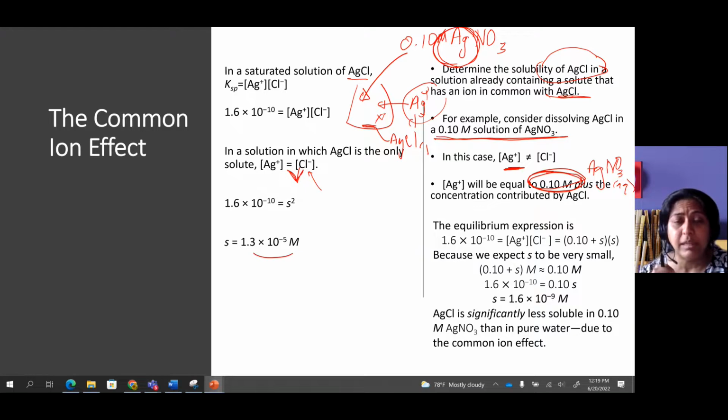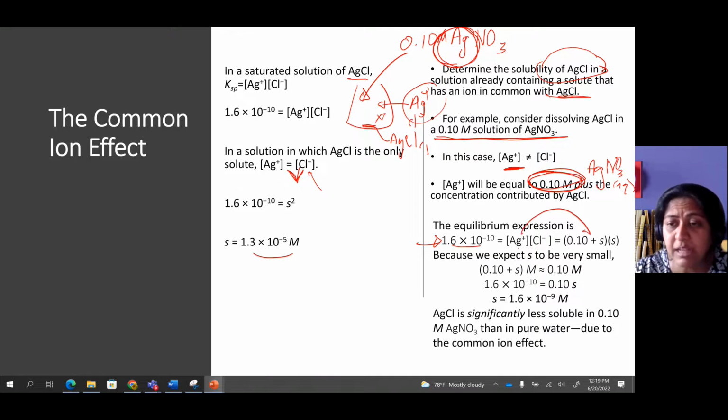Now we are going to calculate the molar solubility, that is S. We use the Ksp expression. We are given the Ksp for silver chloride as 1.1 times 10 to the negative 10th, equal to the equilibrium concentration of silver plus times the concentration of the chloride ions.